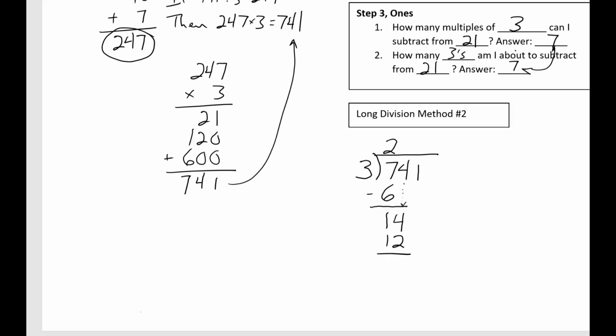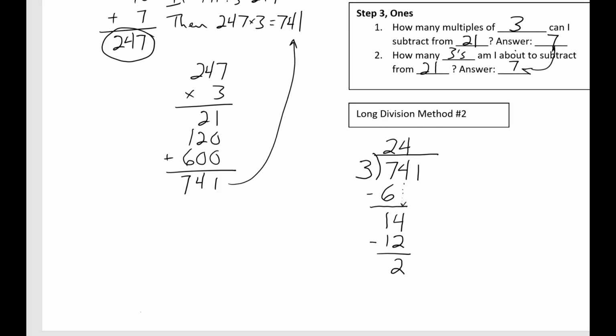And again, notice I can't go any higher than 12 because the next multiple of 3 after 12 is 15, and 15 is greater than 14. So I write my 4 here in the tens column on top of my long division symbol. And 4 times 3 is 12. I write my 12 down here, and again I subtract. 14 minus 12 is 2.